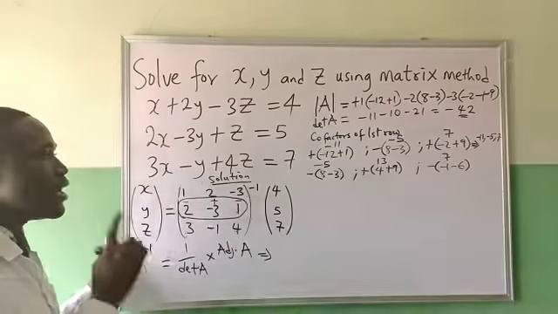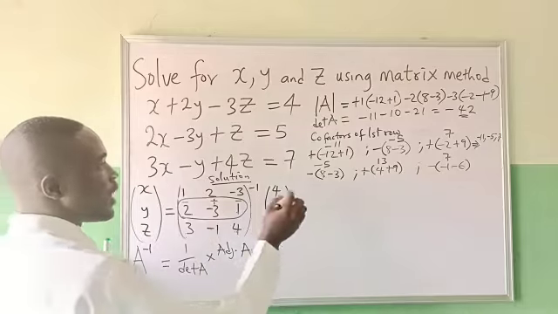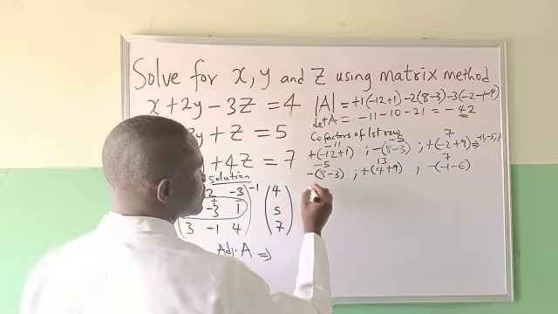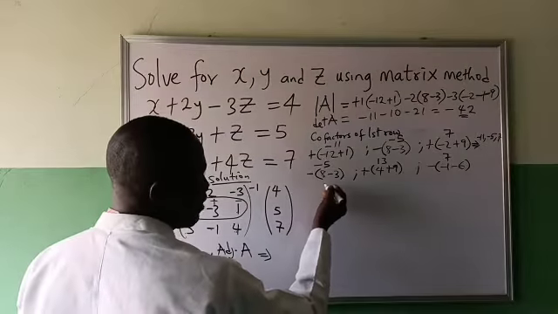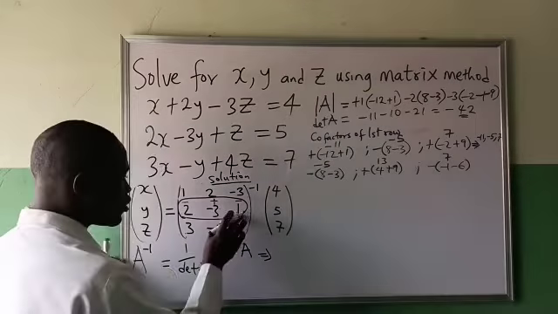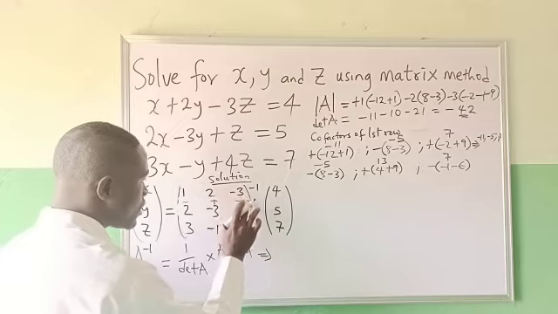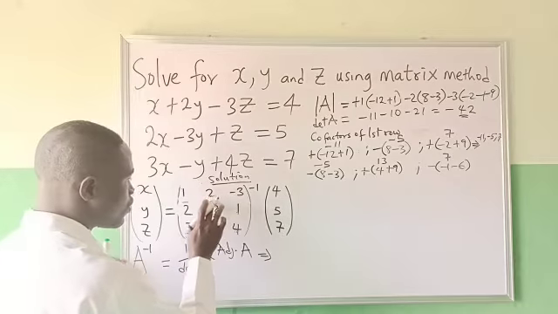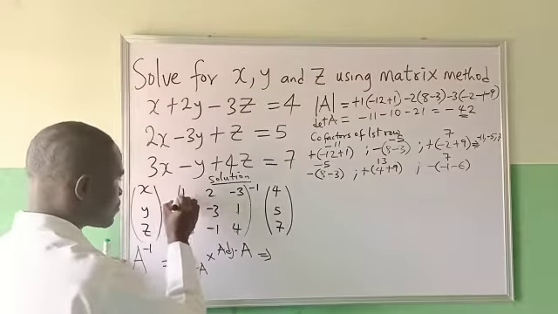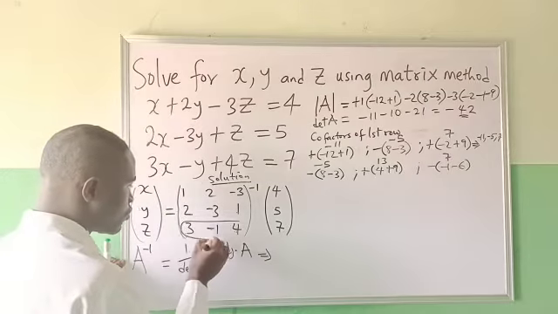Okay? I'll call again cofactors of the third row. I'll clean the second row I have circled. We are now going for the third row. I'll hold the third row.